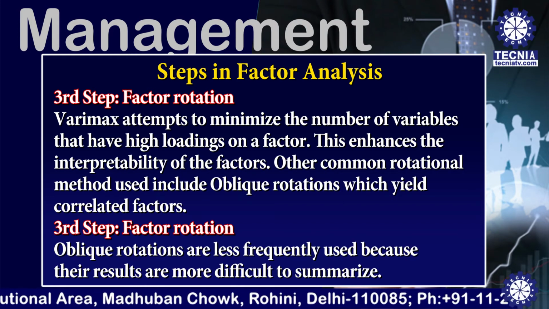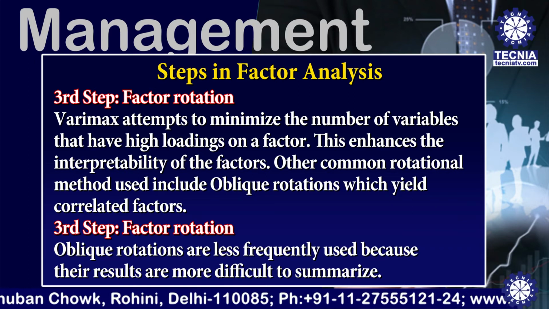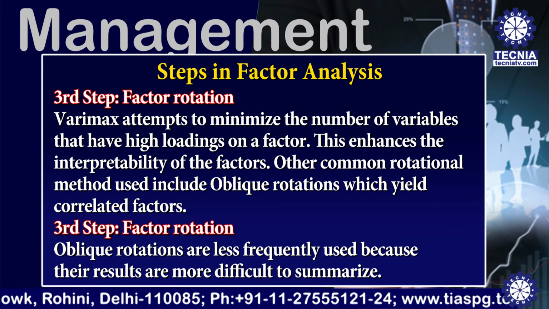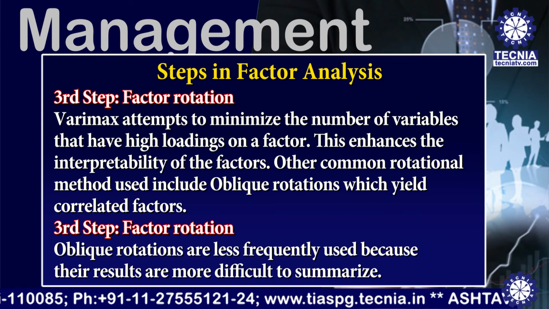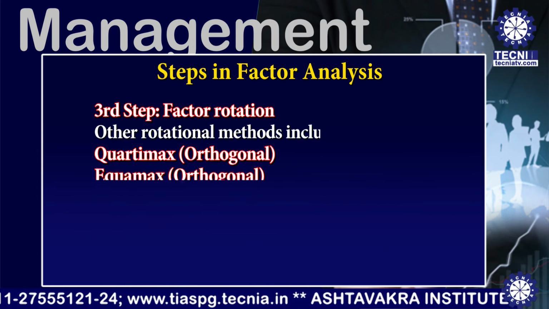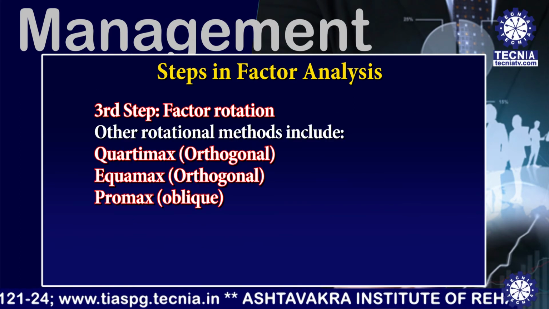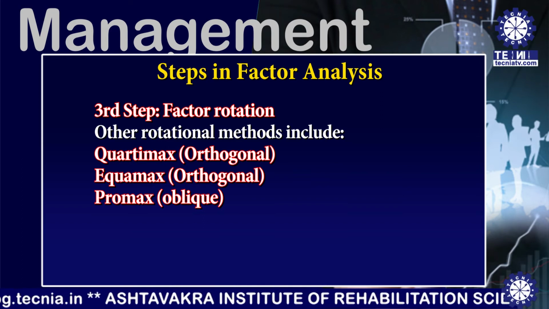Other common rotational methods include oblique rotations, which yield correlated factors. Oblique rotations are less frequently used because their results are more difficult to summarize. Other rotational methods include Quantimax, Equamax, and Promax.